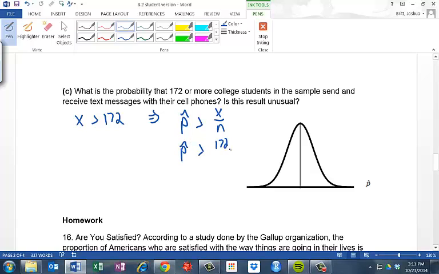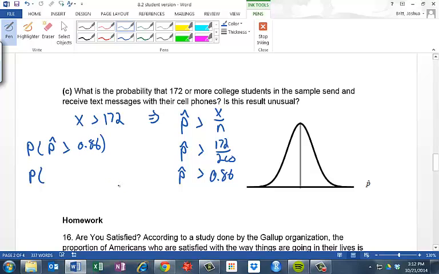So 172 over 200, p hat is greater than 0.86. So we want to know the probability that p hat is greater than 86%.